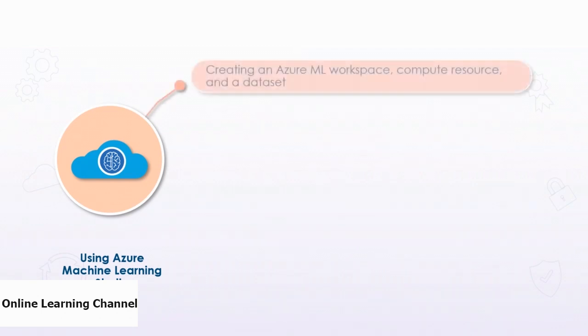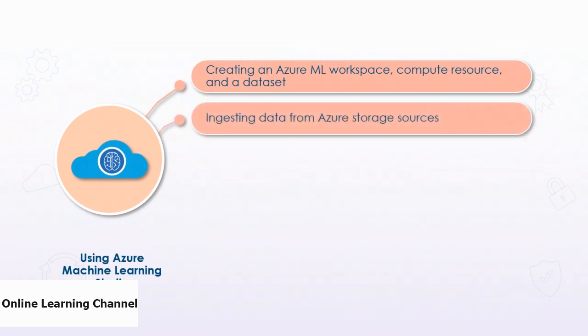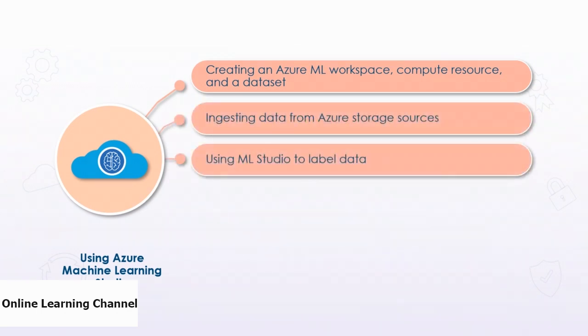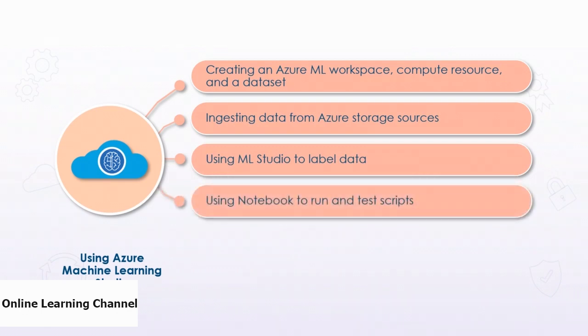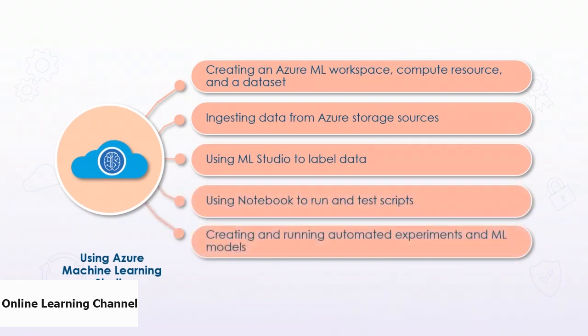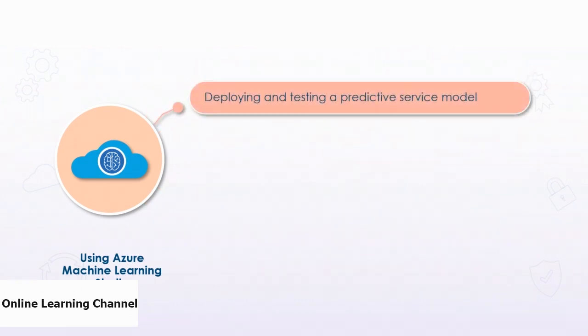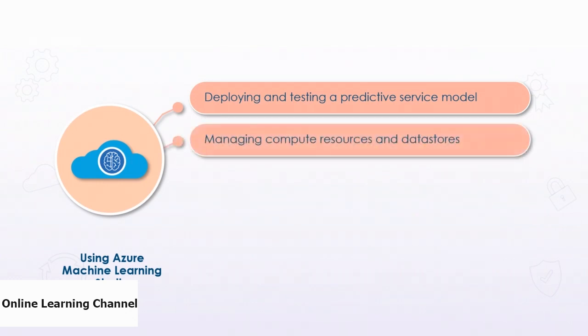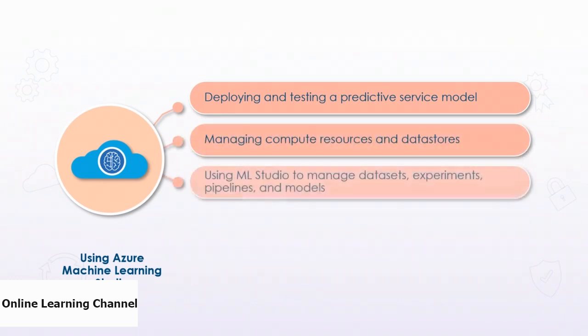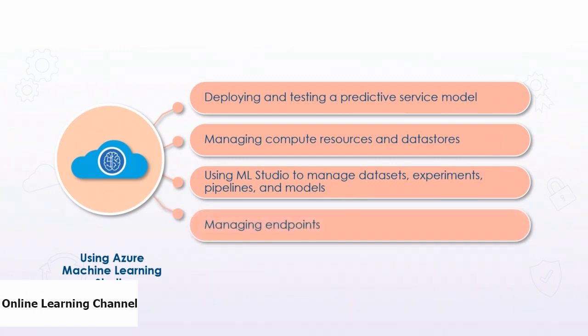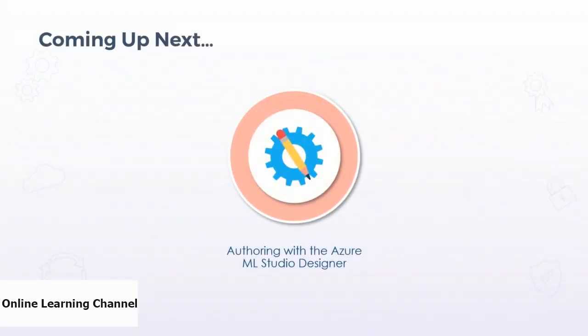We did this by exploring creating an Azure ML workspace, compute resource, and a dataset, ingesting data from Azure storage sources, using ML Studio to label data, using Notebook to run and test scripts, creating and running automated experiments in ML model, deploying and testing a predictive service model, managing compute resources and data stores, using ML Studio to manage datasets, experiments, pipelines, and models, and managing endpoints. In our next course, we'll use the Azure Machine Learning Studio Designer to create and build a custom AI pipeline.